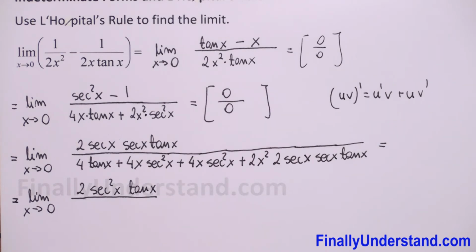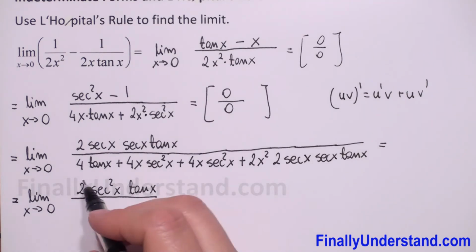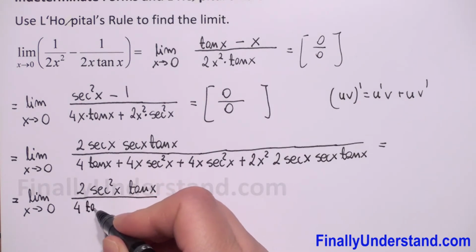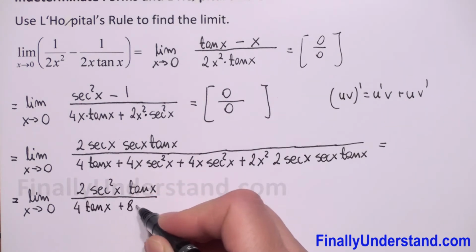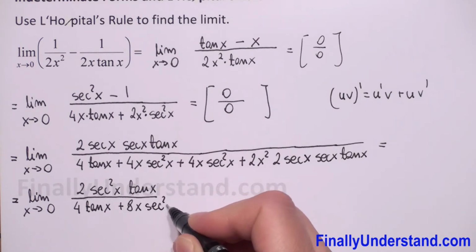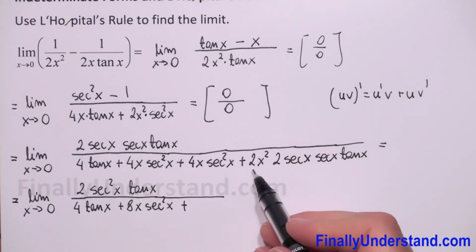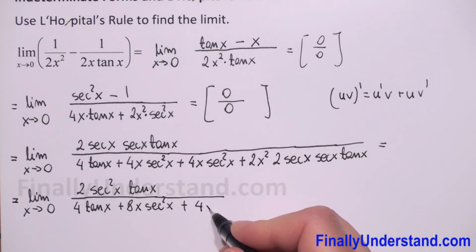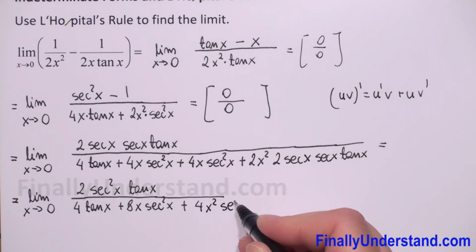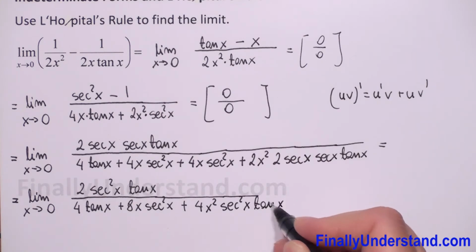In the denominator we will have 4x secant square plus 4x secant square, so it will be 8x secant square. So first we have 4 tangent of x plus 8x secant square of x, and we have plus 2 times 2 is 4x square secant square of x tangent of x.